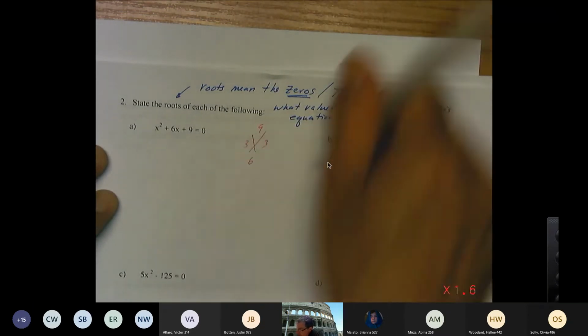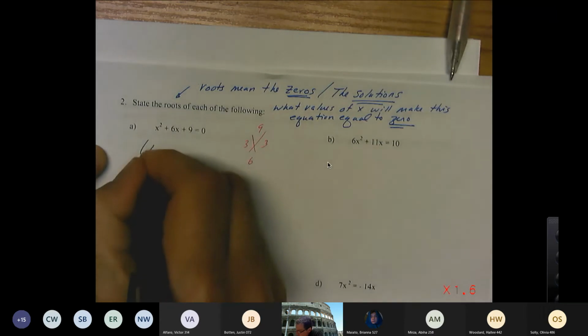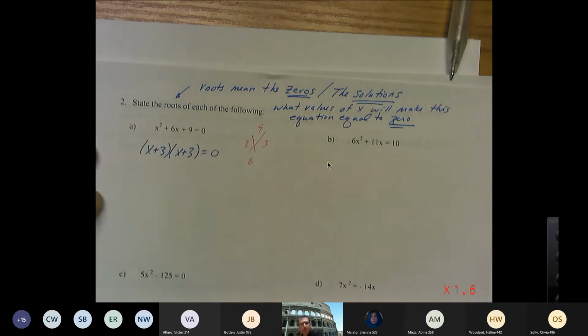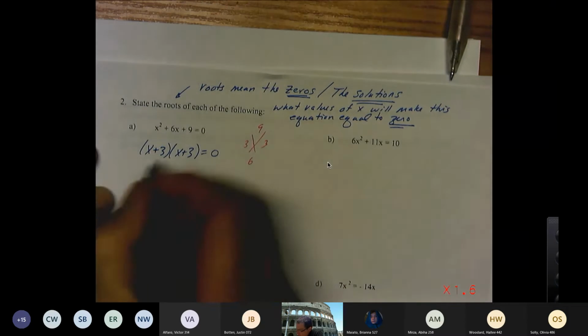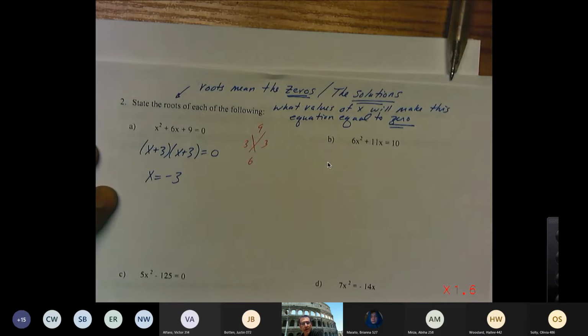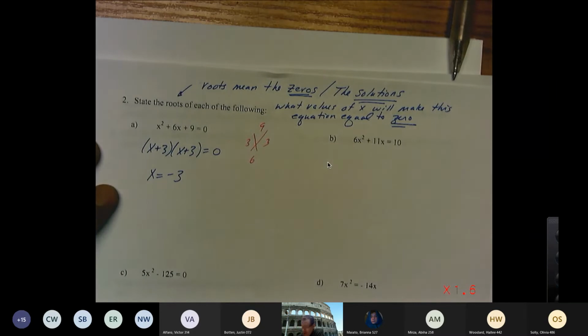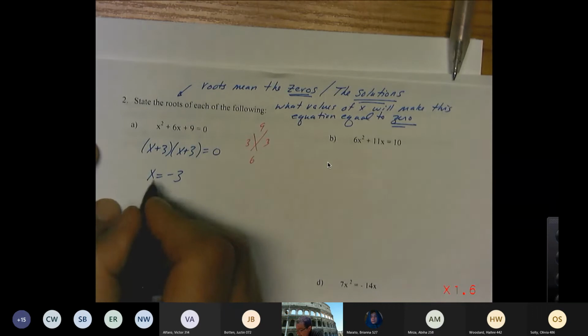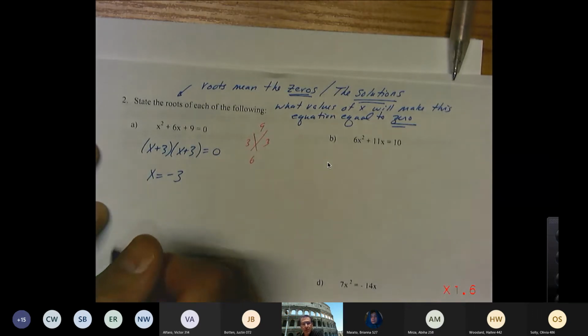I'm thinking 3 and 3. So this will be x plus 3 equals 0. So this will be x equals -3. So the solution for this, the root for this is x equals -3.